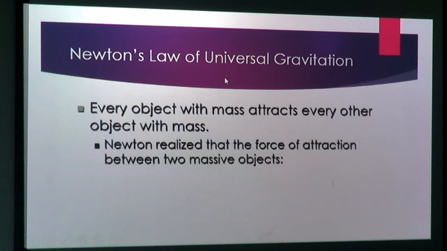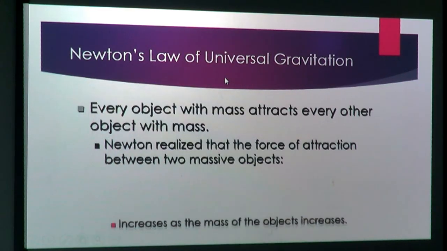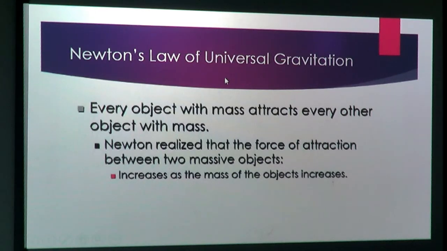Newton realized that the force of attraction between two massive objects, and pay attention now, increases as the mass of the objects increases. So more mass, more attraction. What does that mean? They have a direct relationship.